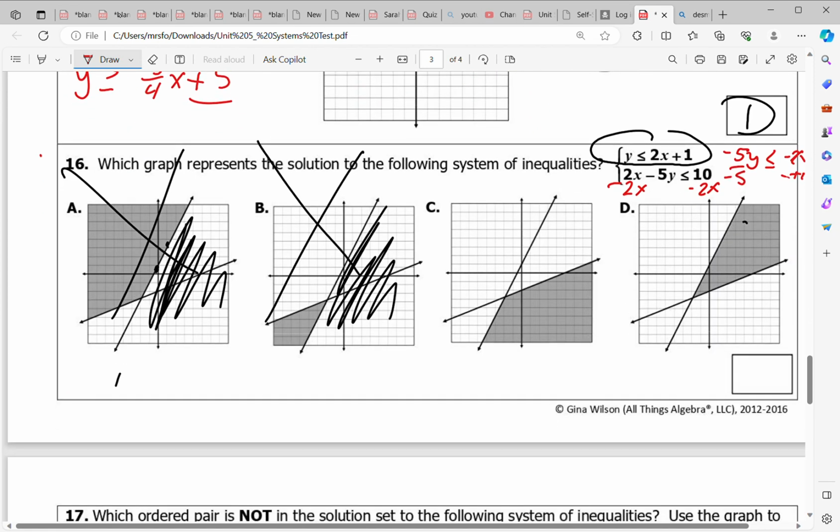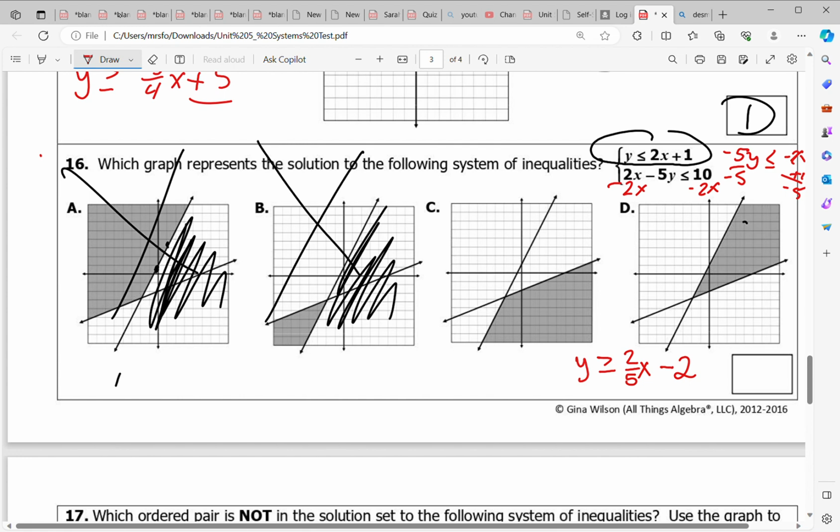When I divide everything by a negative, it flips the inequality symbol, and that's going to be y greater than or equal to 2/5 x minus 2.